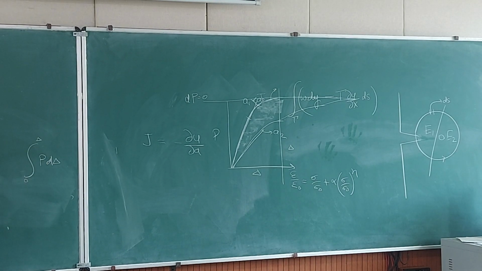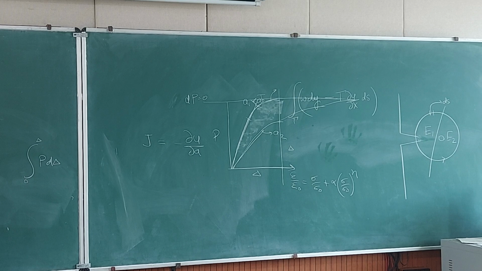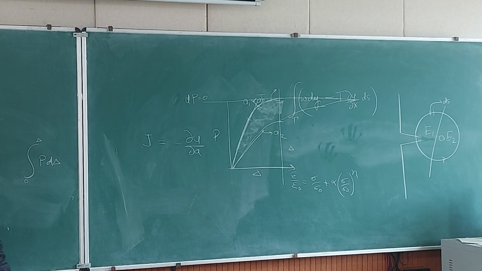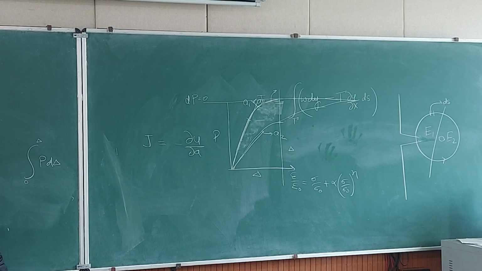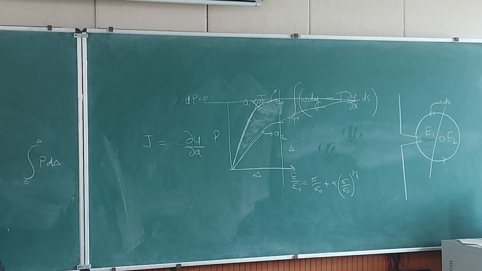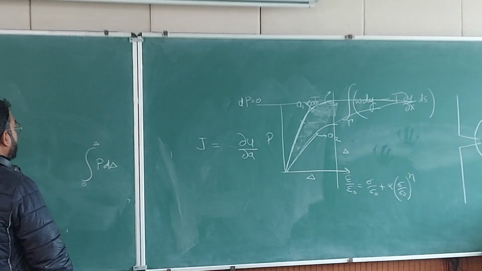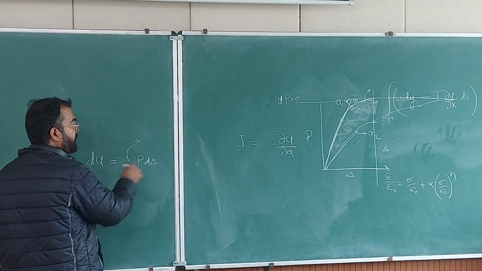Yes sir. Then what will be the value for the lower curve? Also the same, isn't it? So the force will be a function. Yes sir, P will be different. Okay. So we can define del U, dU, like this, no?